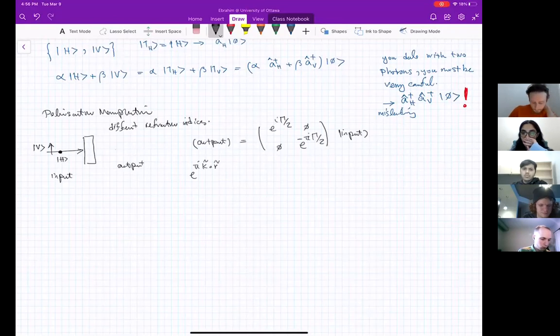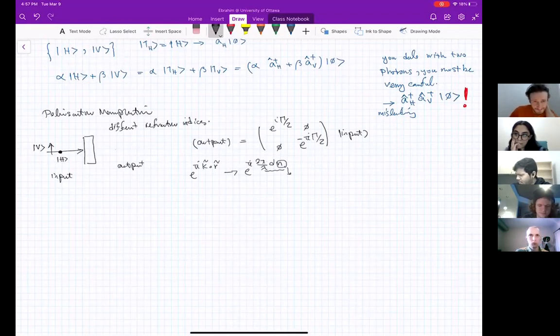If you propagate inside a material, then you have e to the i k, of course, where k is 2 pi divided by lambda, times the thickness of the material, times the refractive index of the material. This depends on the polarization: for H polarization it is a different value, for V polarization it is a different value. As a consequence, when you go with H you will see a phase, and when you go with V you will see a different phase.